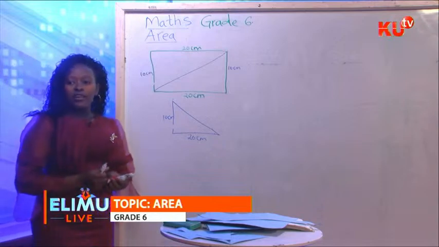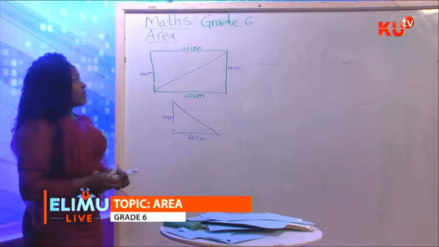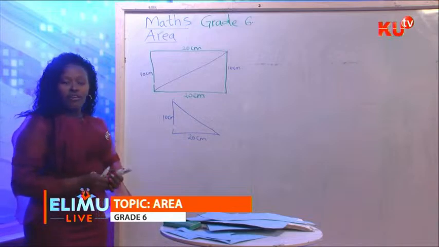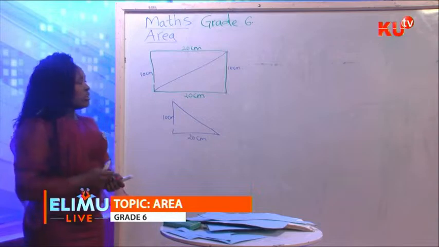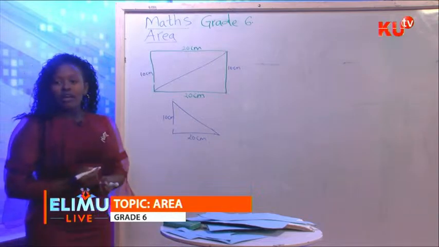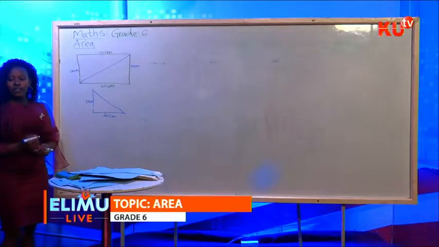Now when we come to finding the area, having the knowledge that the rectangle has got two triangles, we want to find the area. We know the formula of finding the area of a rectangle.